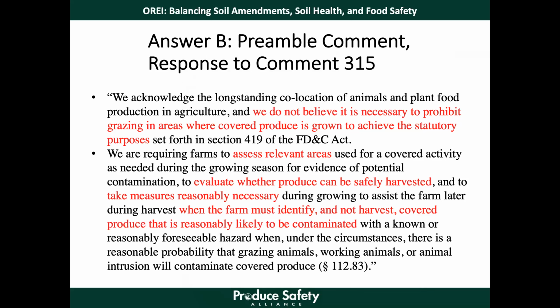So evaluate the risk of those areas and whether the produce can be safely harvested, and take the measures necessary to ensure that during the harvest there is no potentially contaminated produce. So again, there are different guidelines depending on whether we're looking at the produce safety rule or the organic rule specific to rotational grazing.